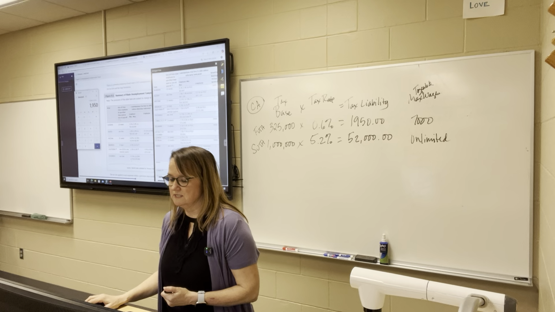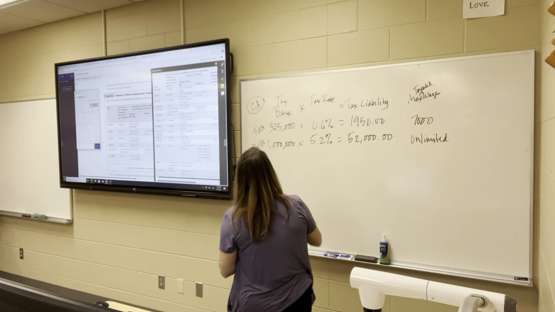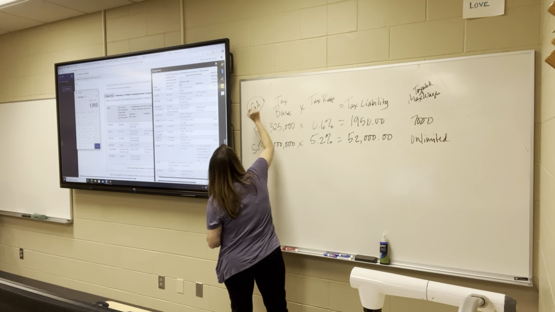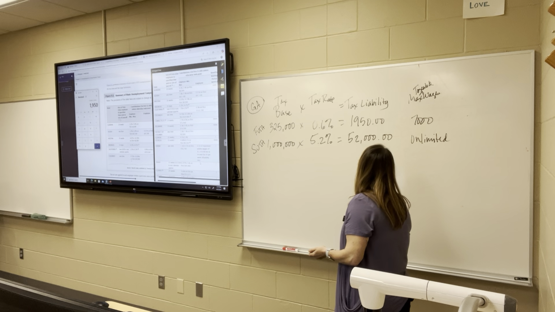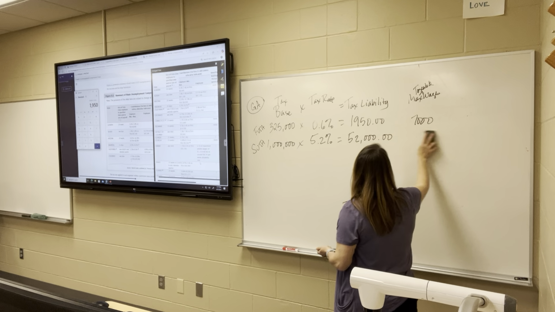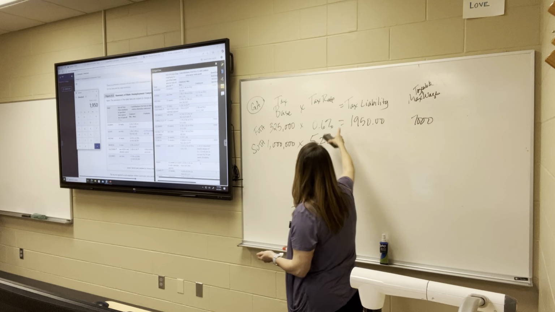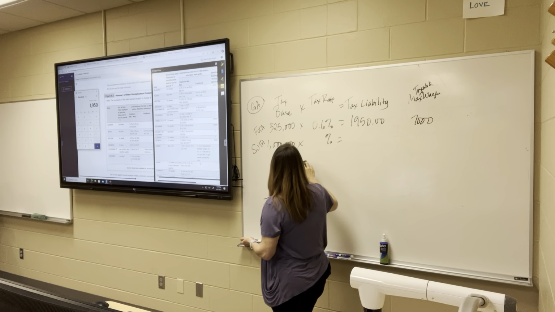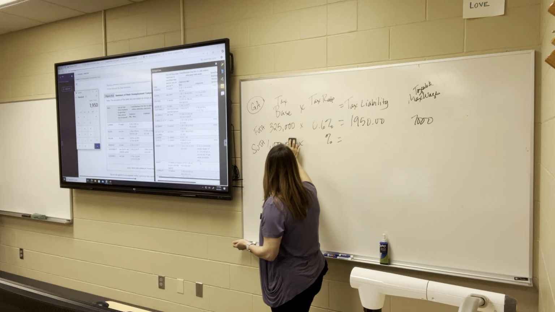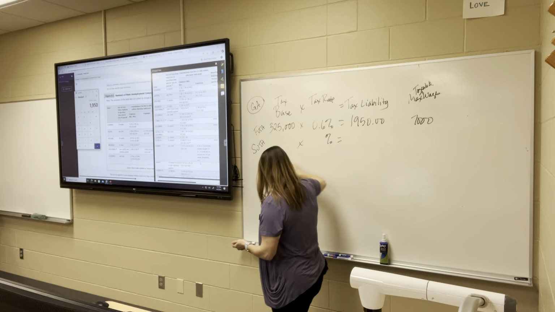Let's look at a different state here. Let's look at Georgia, because then all I have to do is this. Let's do the same numbers here. So our FUTA tax isn't going to change, but our tax rate's going to change. And we'll change that too.